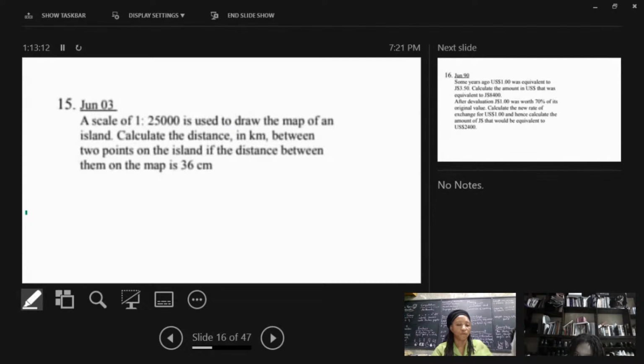A scale of 1 to 25,000 is used to draw the map of an island. Calculate the distance in kilometers between 2 points on the island if the distance between them on the map is 36 centimeters.